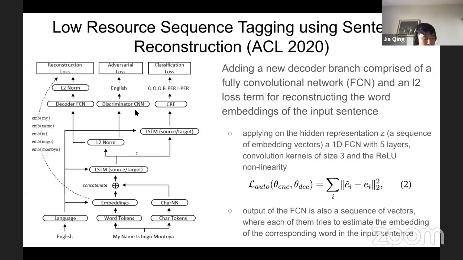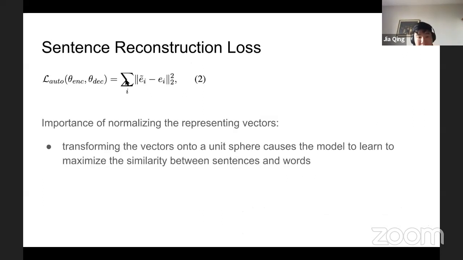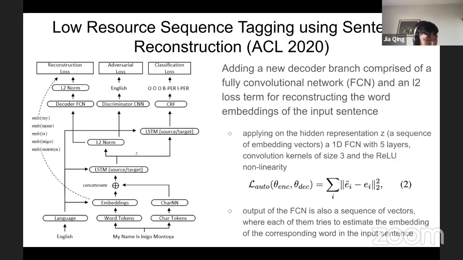As for the reconstruction loss, the reason you have it is because the adversarial loss does not necessarily enforce that the model learns meaningful sentence representations.